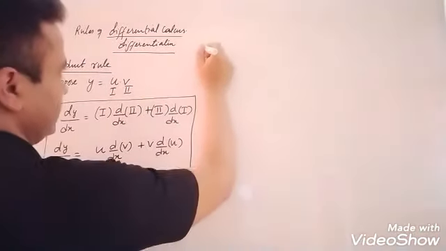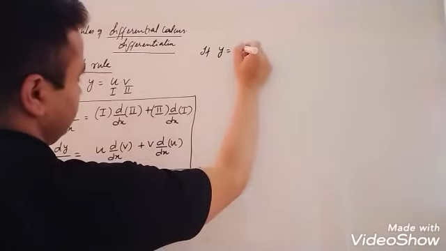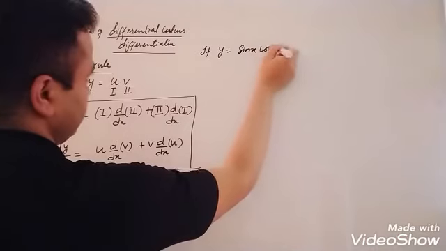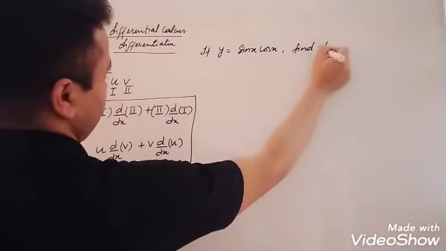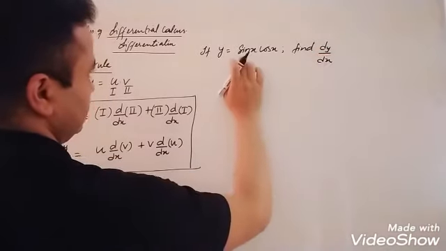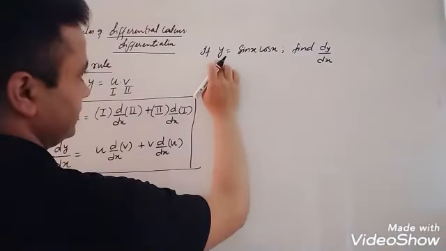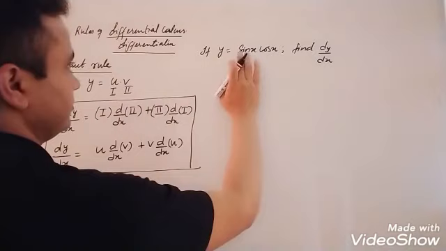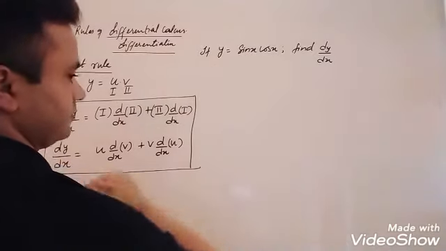So example, if y equals sin x into cos x, find dy by dx. So it is a product function. Why is it a product? Because it is a multiple of two functions.